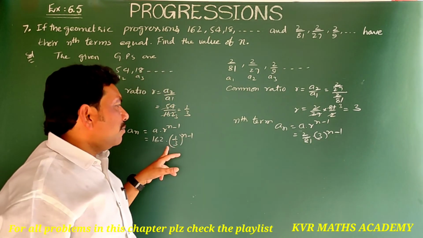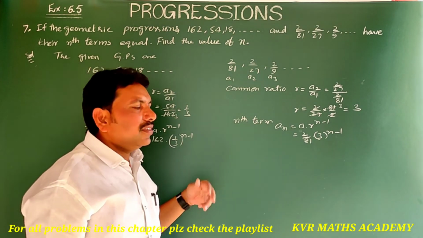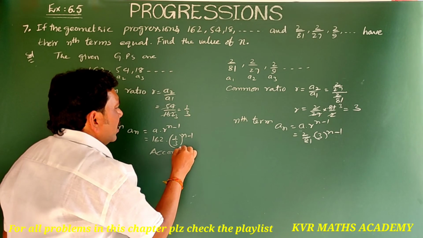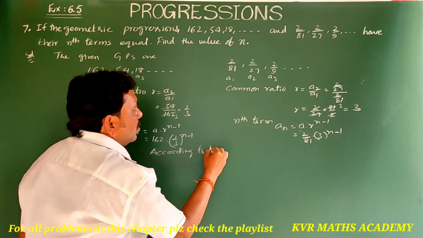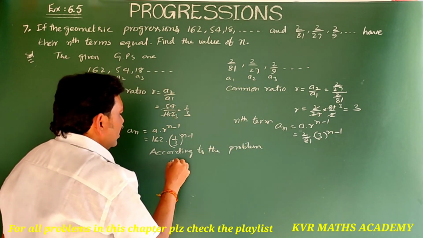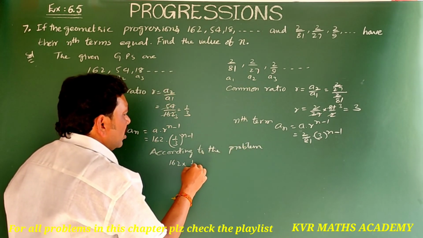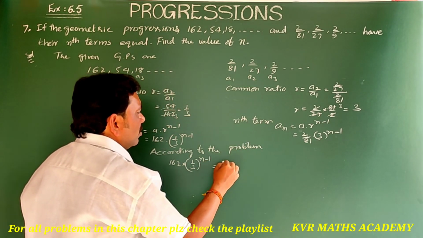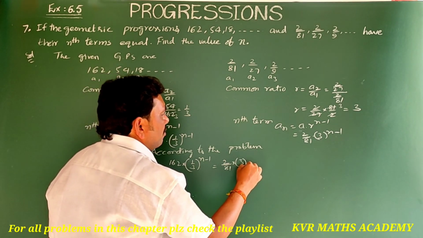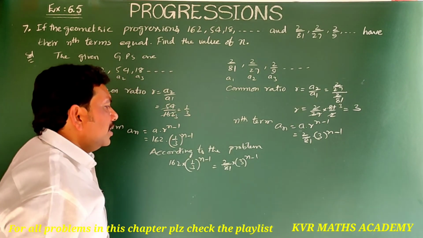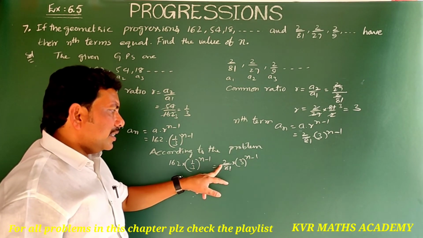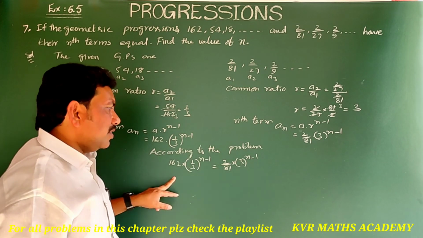According to the problem, both the nth terms are equal. See, 162 into 1 by 3 whole power n minus 1 is equal to 2 by 81 into 3 power n minus 1. Right? Here 1 by 3 whole power n minus 1 transfers to this side, and 2 by 81 transfers to this side.